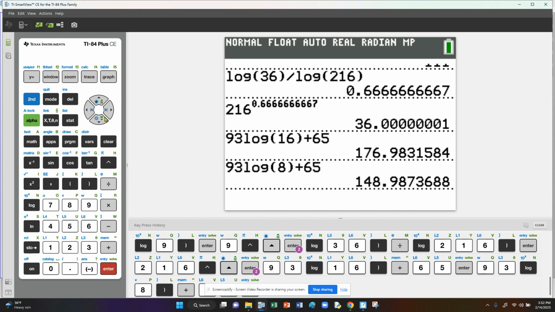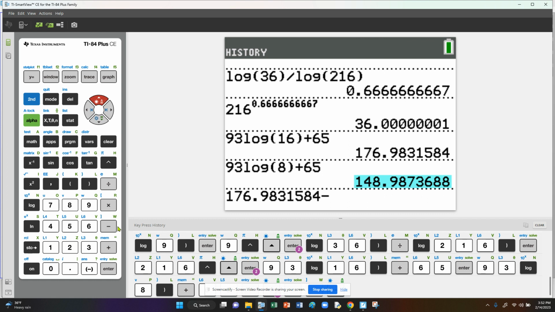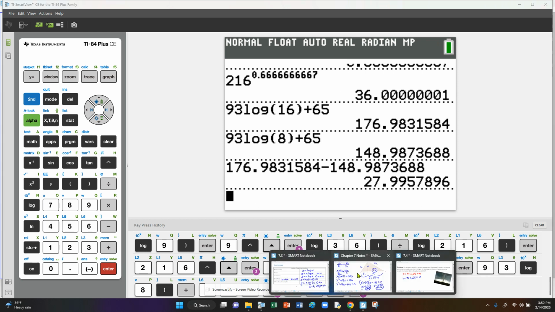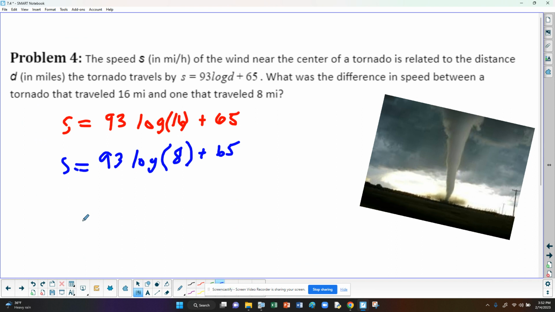That had a speed of 148, and then find the difference between those. We'll take our first tornado speed minus our second tornado speed, and we get an answer of about 28 miles per hour. So the first and second tornado were about a 28 mile per hour difference in their wind speeds. So that's just one application of using logs.